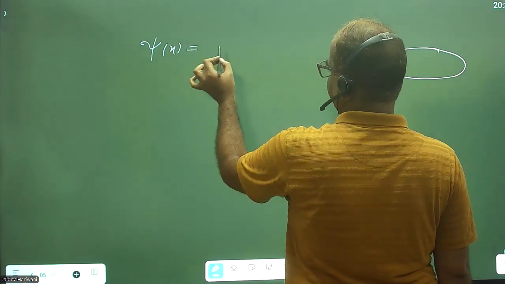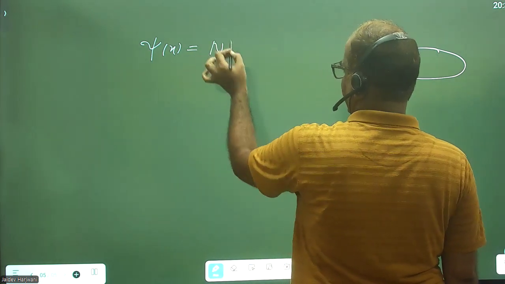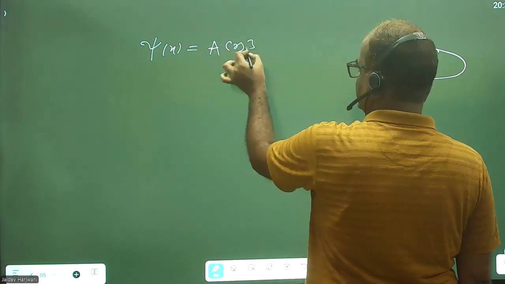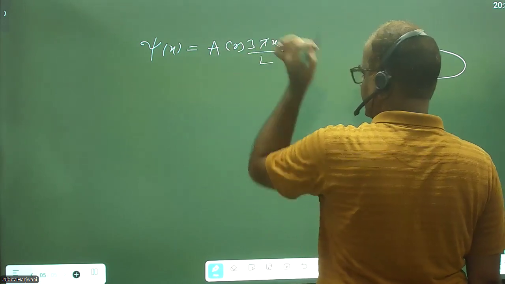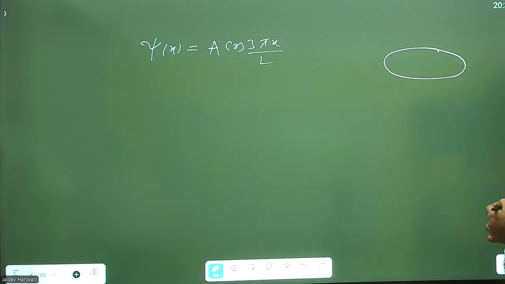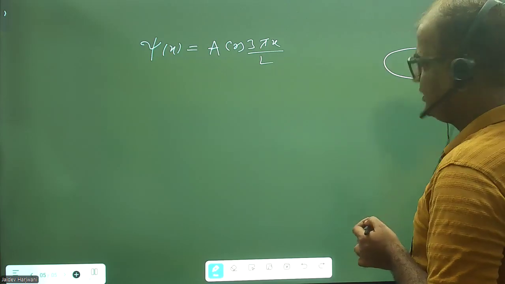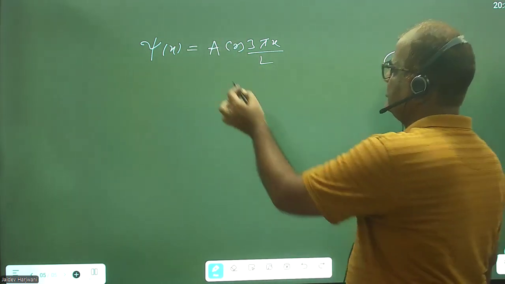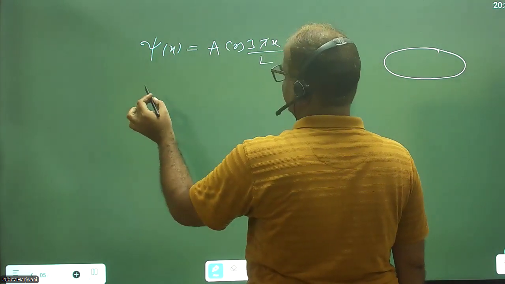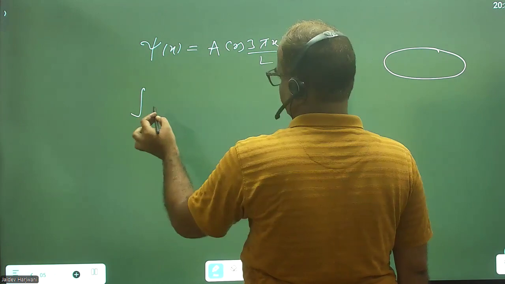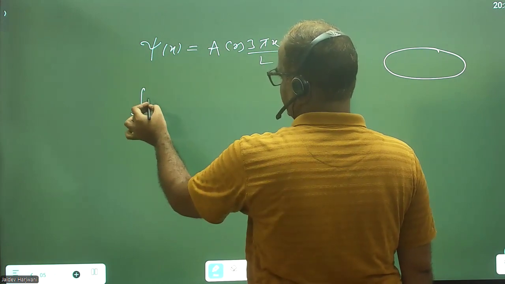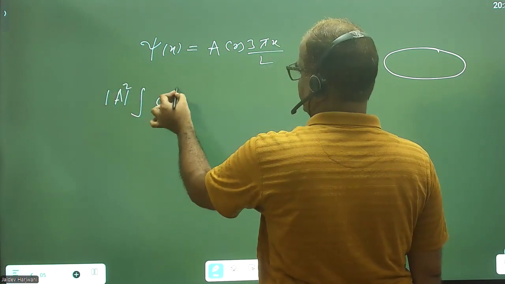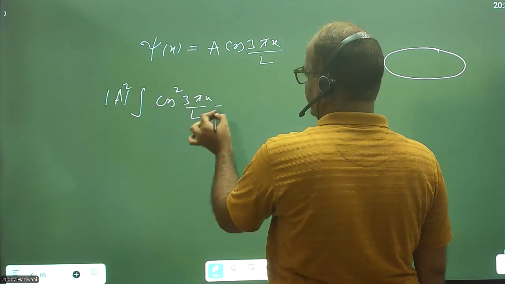So I'm defining a periodic function, say a cos 3 pi x upon L. So this is a function, and now let us normalize it. If I normalize this function, psi star psi, that means mod a square cos square 3 pi x upon L, should be 1.